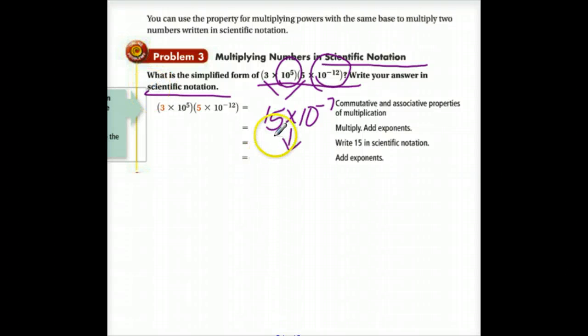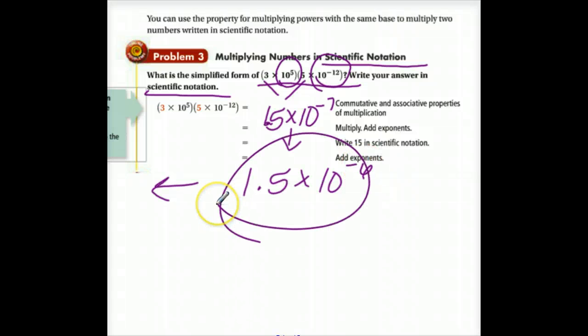So 15 is not between 1 and 10, so I'm going to put the decimal point between the 1 and the 5, 1.5 times 10. Since I moved my decimal point left, I'm going to add to the exponent. Negative 7 plus 1 is negative 6. So there's my final answer written in scientific notation.